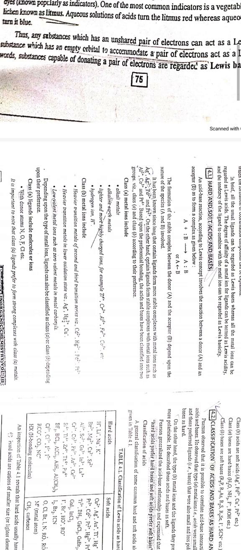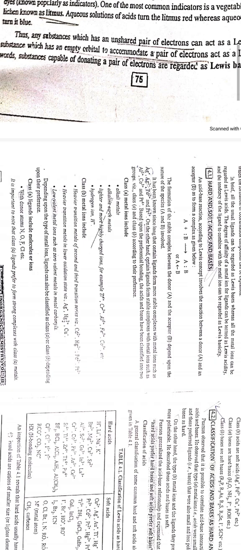Based upon the preferential bonding, the acids and bases have been classified into two groups, class A and class B, according to their preference. Class A metal ions include alkali metals, alkaline earth metals, lighter and more highly charged ions, for example Ti4+, Cr3+, Al3+, Fe3+, Co3+, etc., and the hydrogen ion H+.